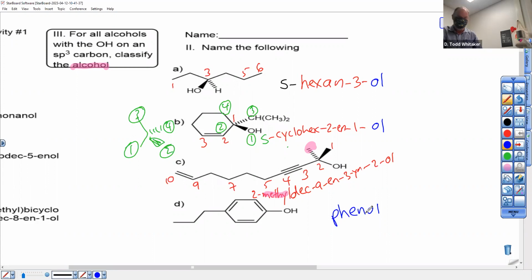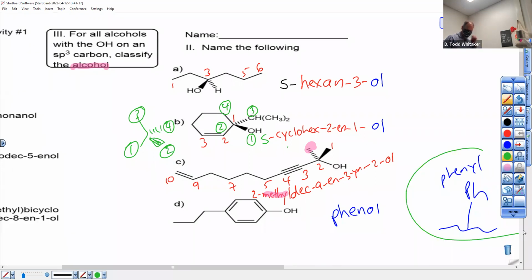They lost a quarter point. Because phenol is a molecule, it's right here, and phenyl is the group right here, right? C6H5, that's phenyl. They are not the same in any way, shape, or form, except for the ring.